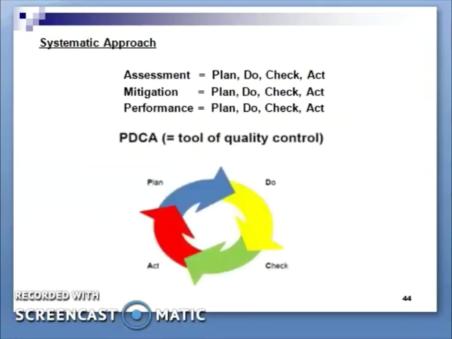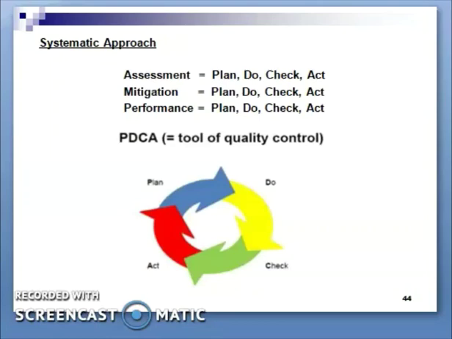So here we have this slide in which we have covered all the three components of the biorisk management, which are the assessment, mitigation, and performance. This is a systematic approach during each and every component.